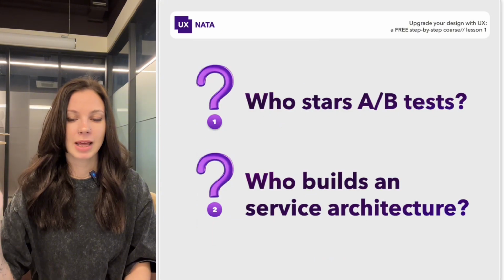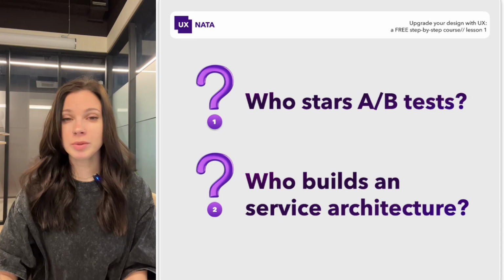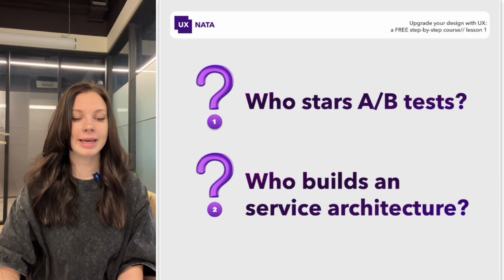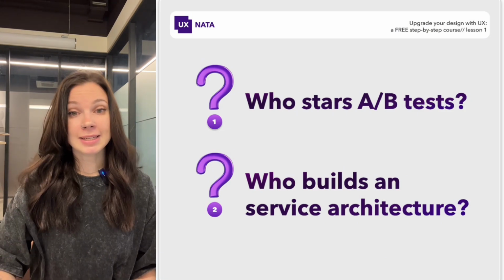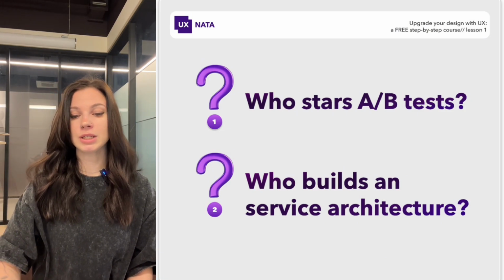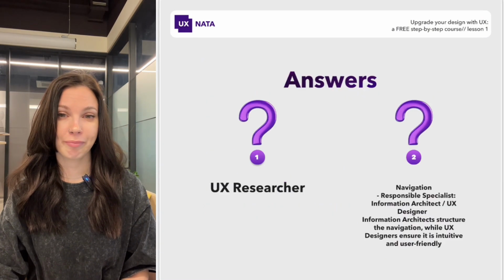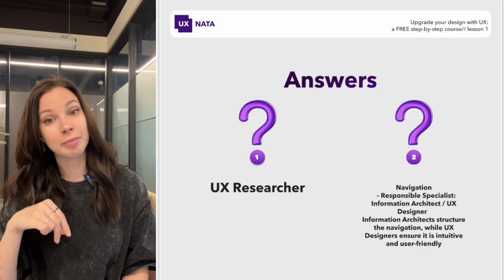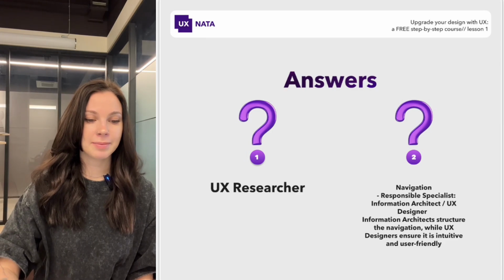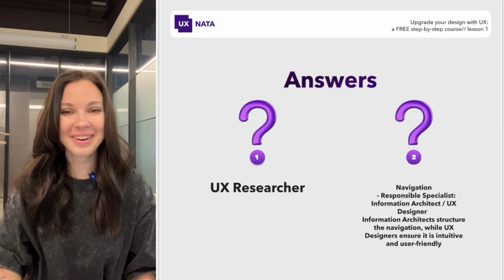And my question is, what person, for example, can conduct A/B tests? And the second question is, who builds information architecture? Let's try to answer these questions in the comments, and you can stop the video.